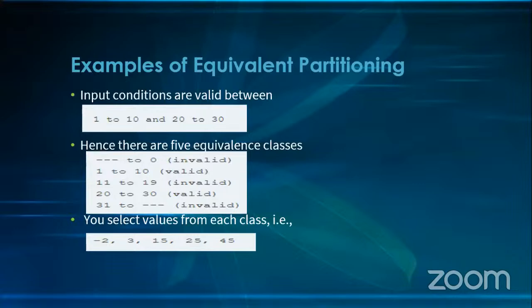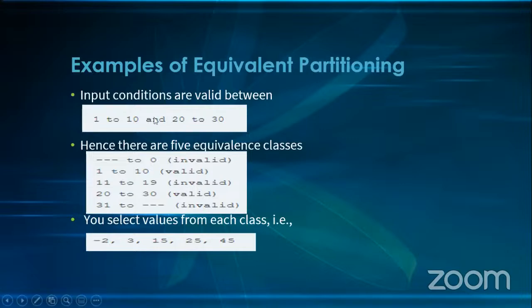The reason why I took them as a class is that minus 9 to 0 is one subset, one class. The next one is from 1 to 10, which is our valid scenario.